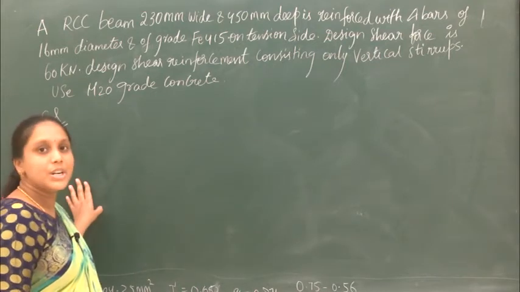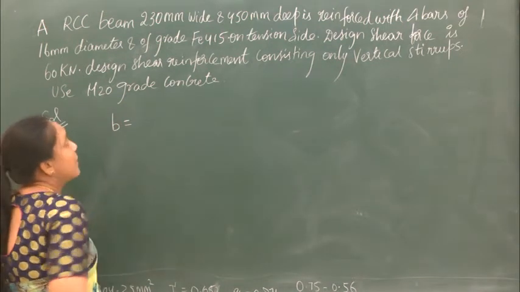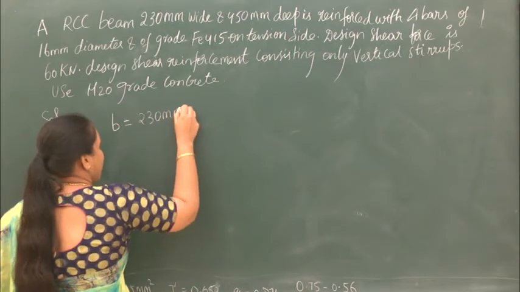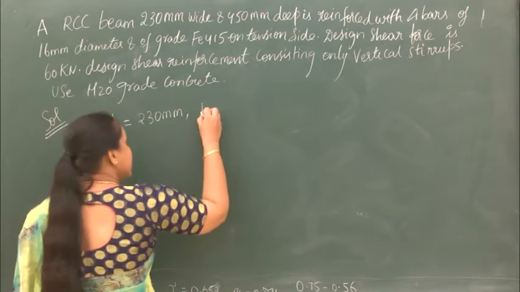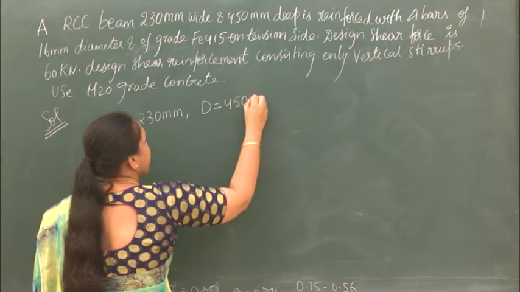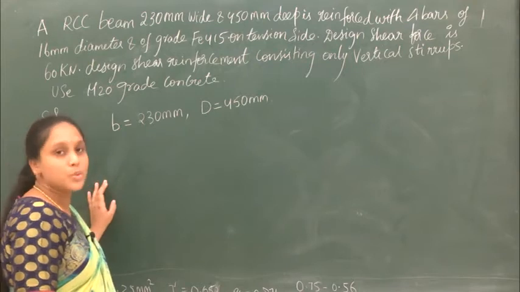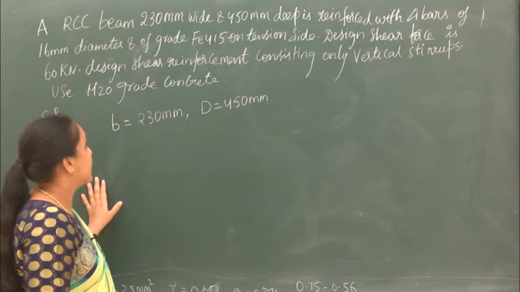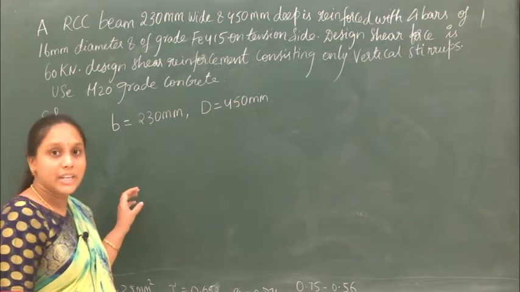The breadth is given as 230 mm, and the overall depth of the beam is given as 450 mm. It is reinforced with 4 bars of 16 mm diameter and of grade Fe415 on the tension side.